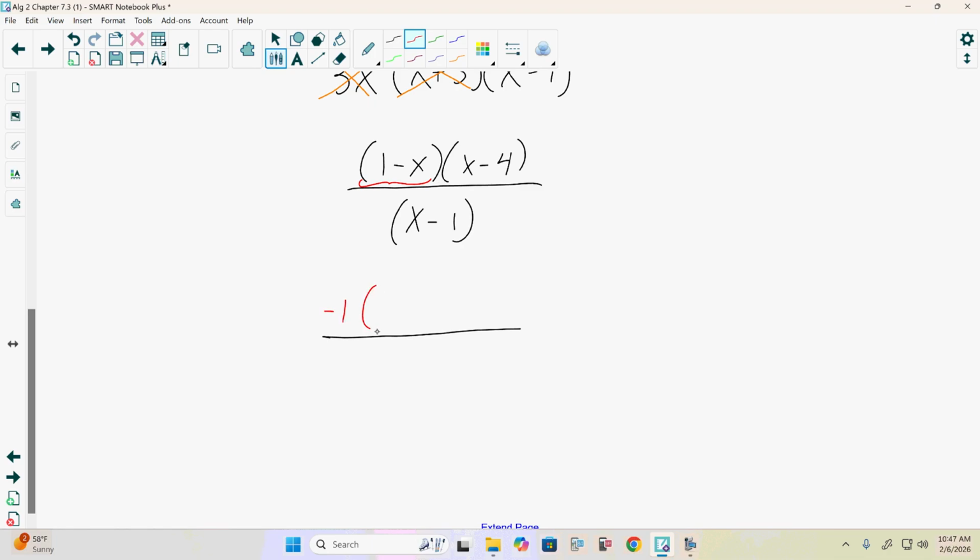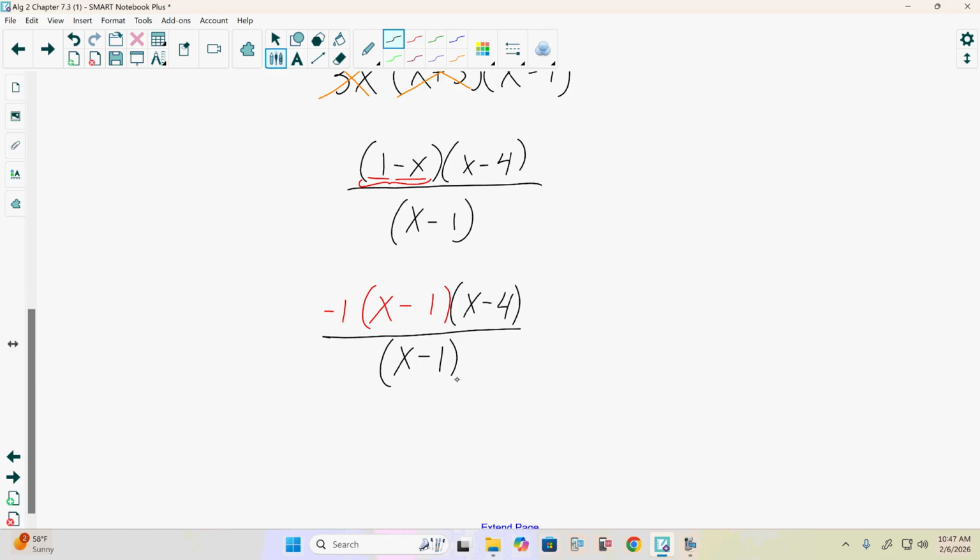I factor the negative out. If I factor the negative away from negative x, it's going to become positive x. We factor it out. We divide it out, giving us positive x. Now, if I factor that negative 1 out of positive 1, it'll still be 1, but it's going to change it from positive to negative. Still have the x minus 4 multiplied by it, and we still have x minus 1 on bottom.